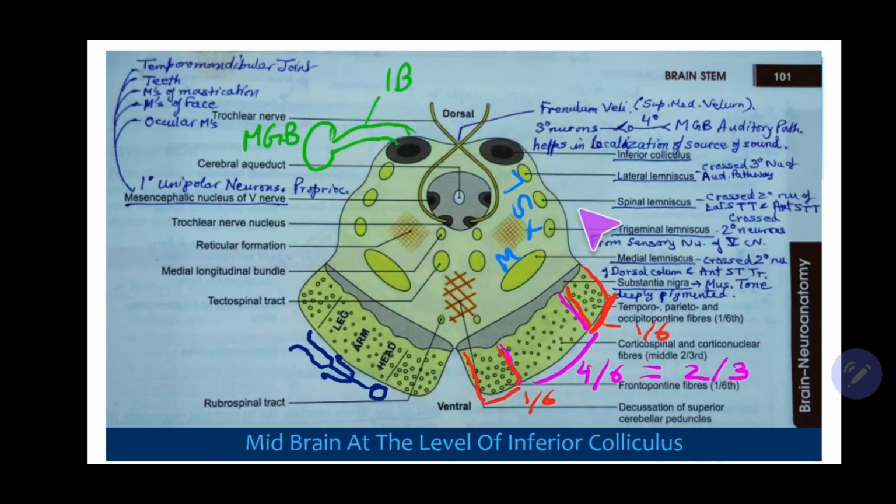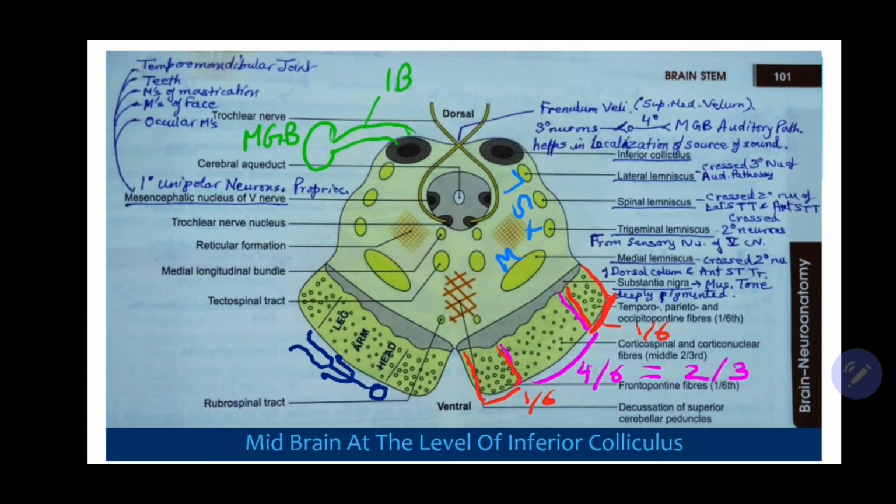Now about the spinal lemniscus. It is a continuation of the pain and temperature carrying fibers. The most important sensation which makes you aware is pain and temperature. That tract is actually the lateral spinothalamic tract. The important feature of this tract is that these sensations are brought into the dorsal horn and relay in the substantia gelatinosa, lamina 2.